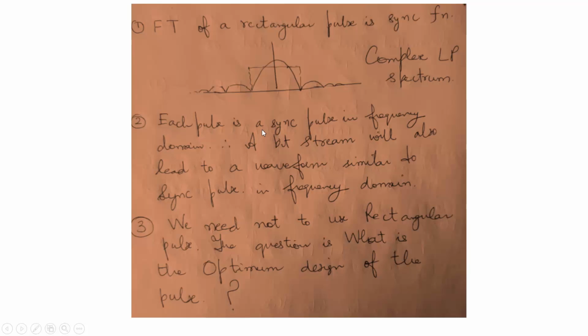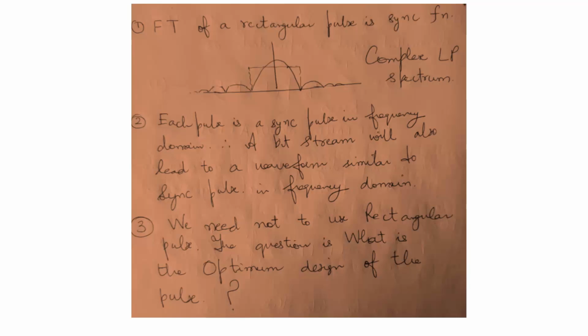Now, we are transmitting multiple rectangular pulses representing ones and zeros as a bit stream, so each pulse is a sinc pulse in the frequency domain. A bit stream will also lead to a waveform similar to sinc.